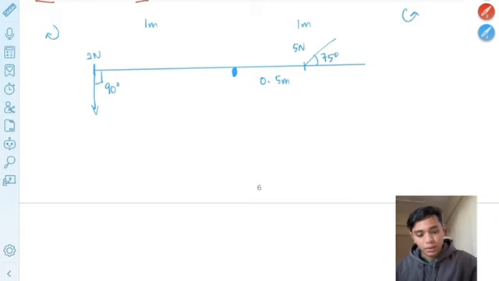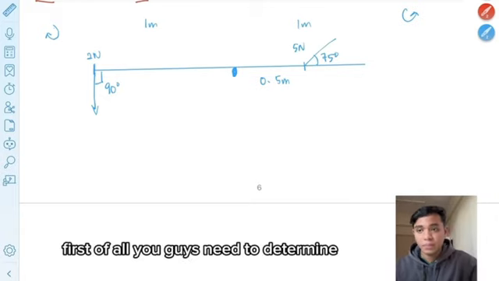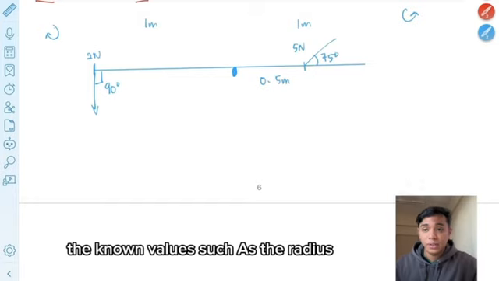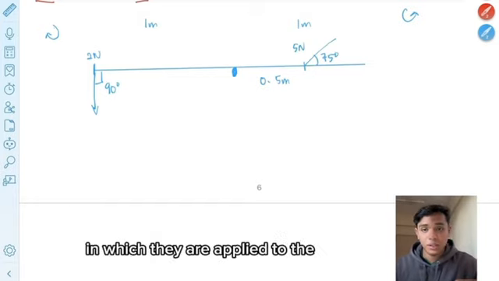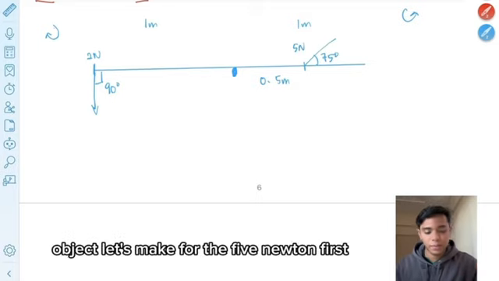First of all, you need to determine the known values, such as the radius, the magnitude of the force, and the angle and direction in which they are applied to the object. Let's do the 5 newton force first.